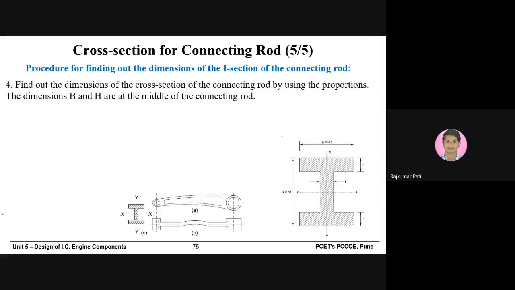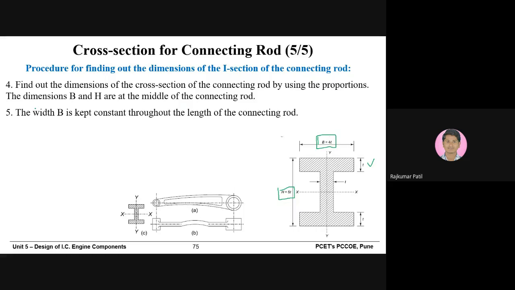And once you get the thickness, you can calculate in the figure. You can see once you get the value of thickness T, you can calculate width. B is equal to 4 times T, H is equal to 5 times T. So find out the dimensions of cross section of the connecting rod by using the proportions. B and H are the middle of the connecting rod.